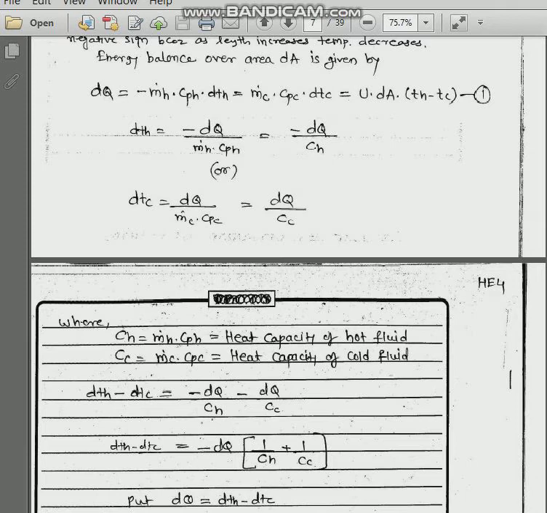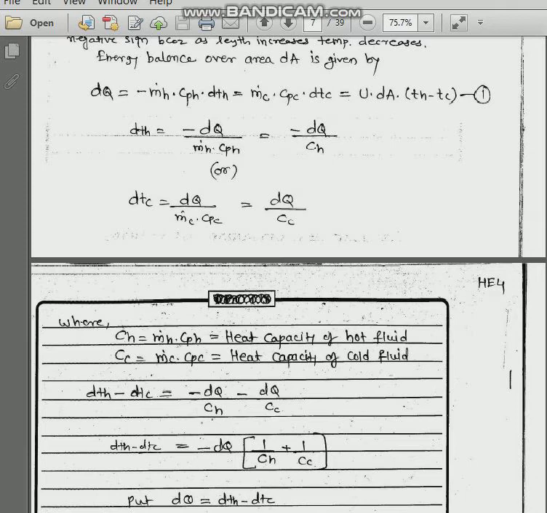So you may be aware this m dot h indicates mass flow rate of hot fluid, this Cph indicates specific heat of hot fluid, same for the m dot c, mass flow rate of cold fluid, and Cpc indicates specific heat of cold fluid. The same equation we can also write as overall heat transfer coefficient into dA into Th minus Tc. We can note this as equation number 1.